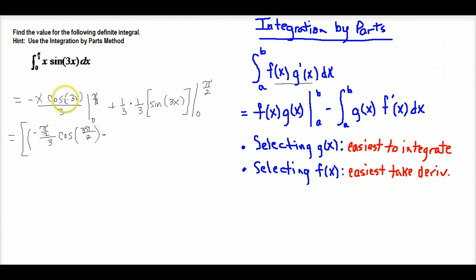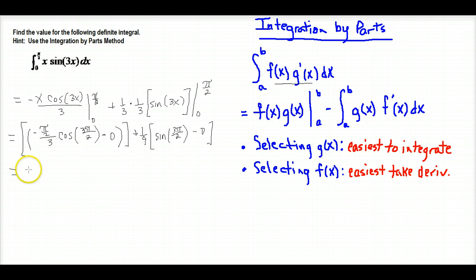and then minus, for the second term, whenever we plug in the 0, since we plug in x of 0 here, anything times 0 is 0. Then plus 1/9, and we do the same thing again here with pi over 2. So this will be sine of 3 pi over 2 minus 0 again.